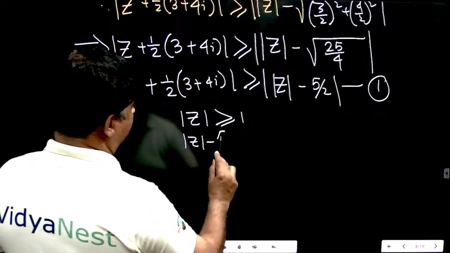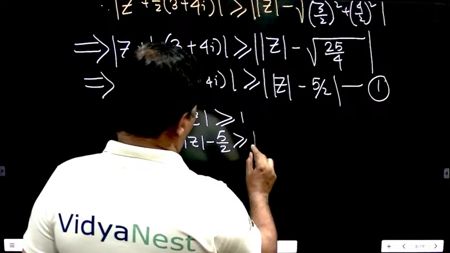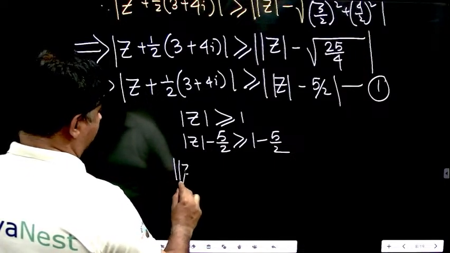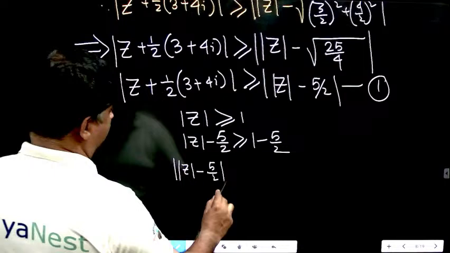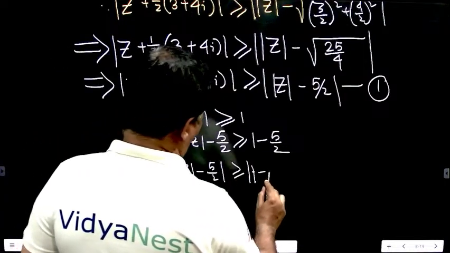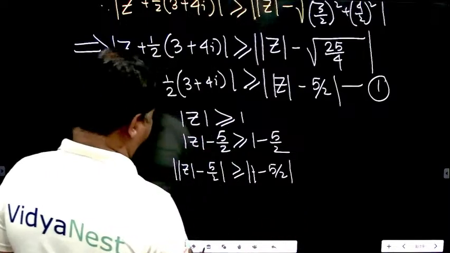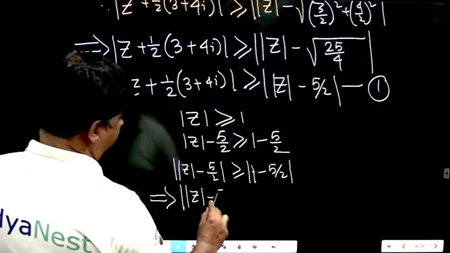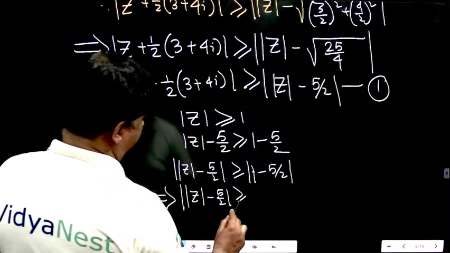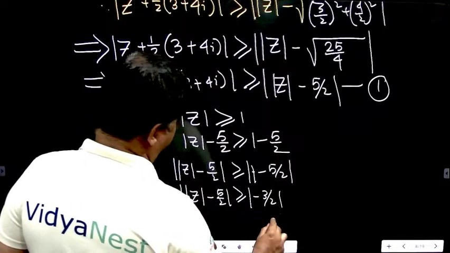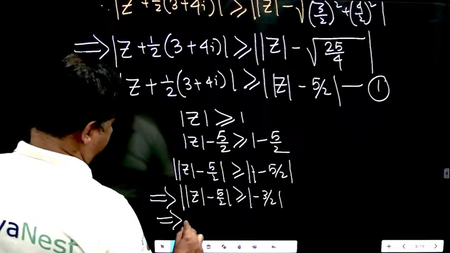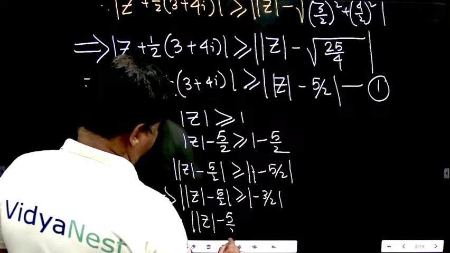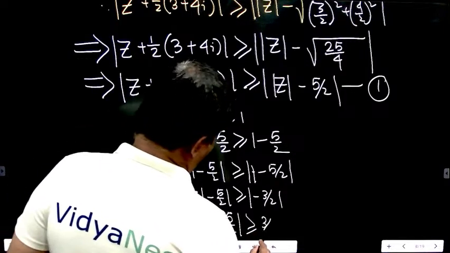Subtract 5 by 2 from both sides and take the mod.